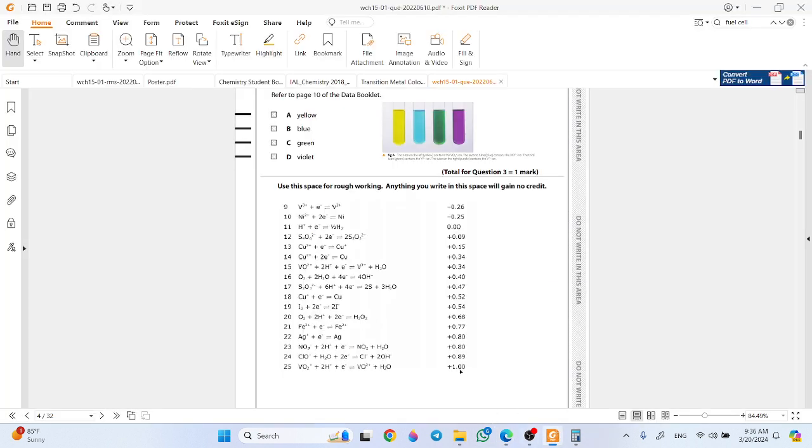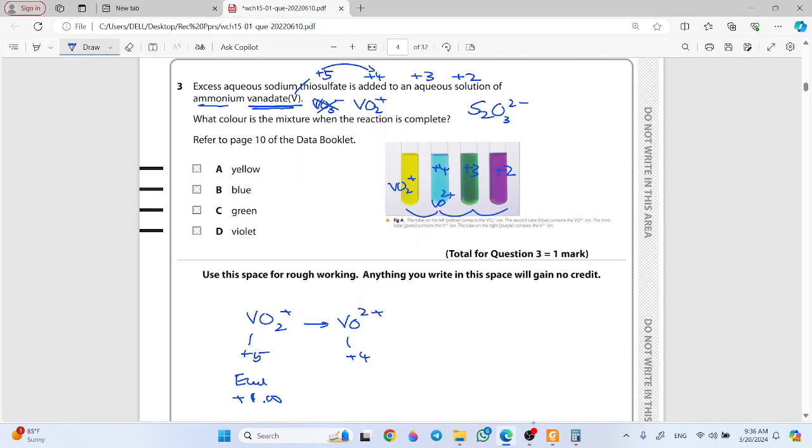Okay, that value is more positive than plus 0.09, because that S2O3 E cell value is plus 0.09. Okay, because when the E cell value is more positive, that one tends to reduce. Okay, so this reaction tends to reduce and this one tends to oxidize, right?